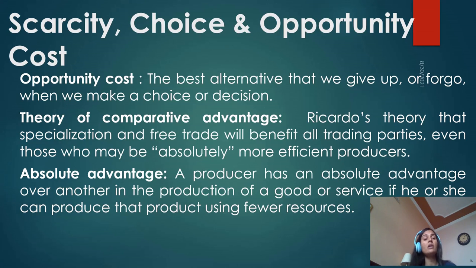Okay. Then we have the theory of comparative advantage. An efficient economy is basically the result of the efforts of members of society who are very specialized in what they are doing. This concept of specialization was given in a very formal way by a famous British economist, David Ricardo, and this is Ricardo's theory of comparative advantage.